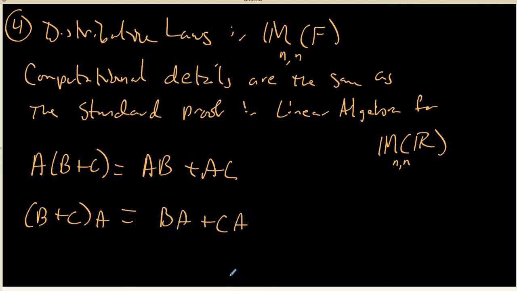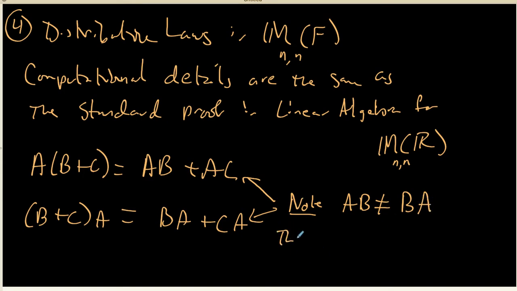Because matrix multiplication is not commutative, in a standard matrix ring, multiplication is not commutative. These two distributive laws say functionally different things.